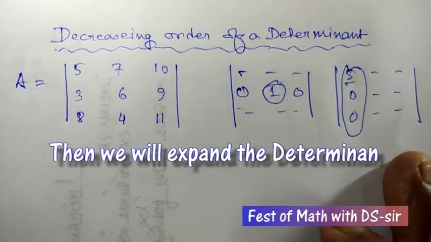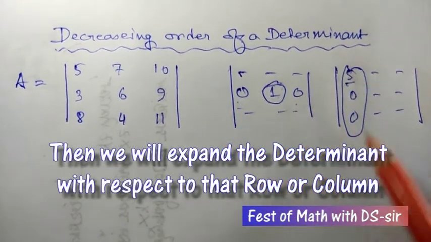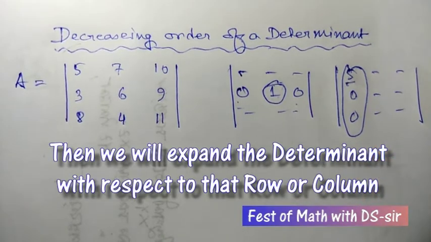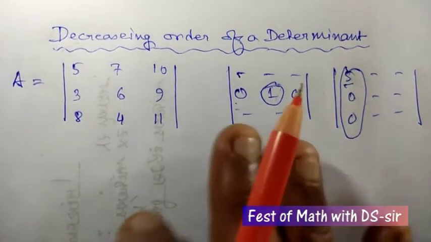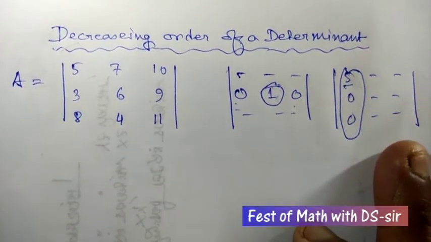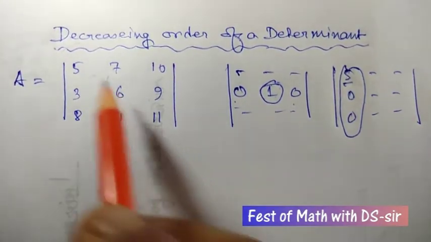Because on doing that, if I expand the determinant with respect to that row or that column, we will have a reduced order determinant. To convert a determinant to this form, first we will observe the elements.